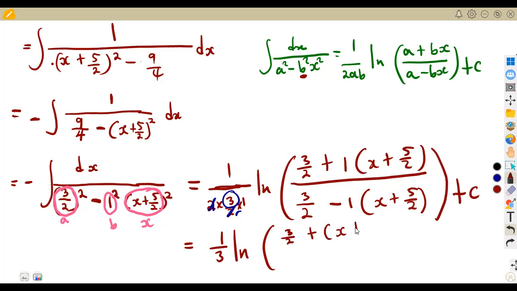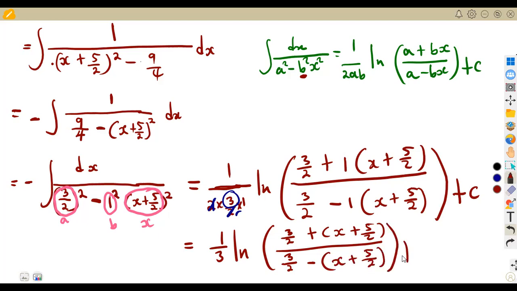If you want, you can expand the brackets, it's up to you. Do not worry about simplifying the bracket, just leave it like that, plus the constant of integration.